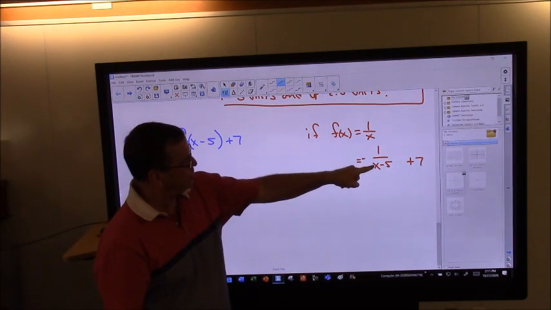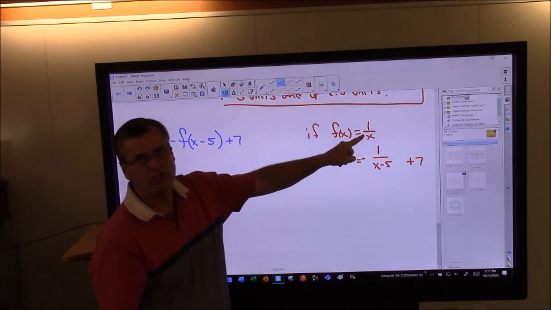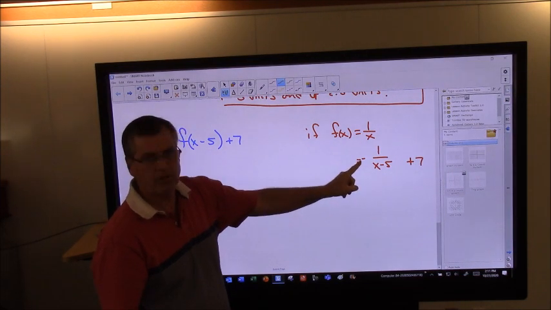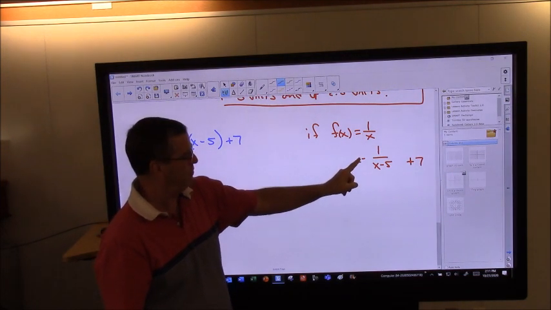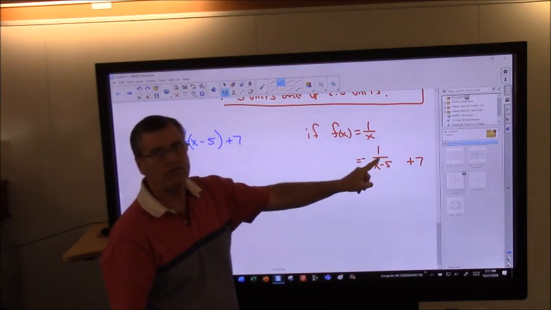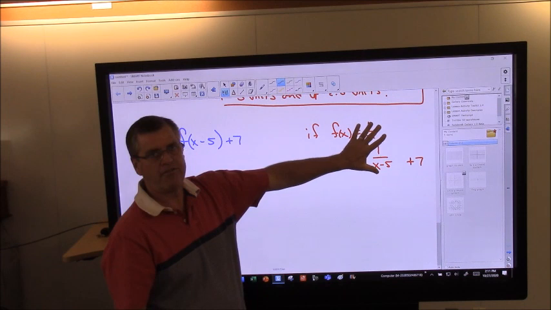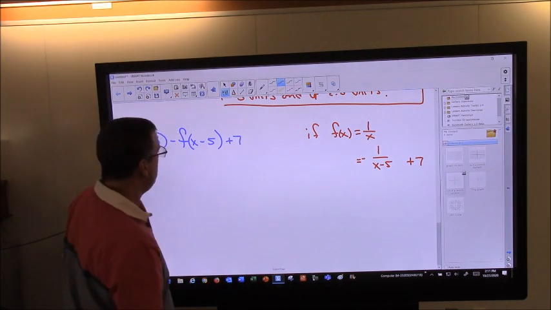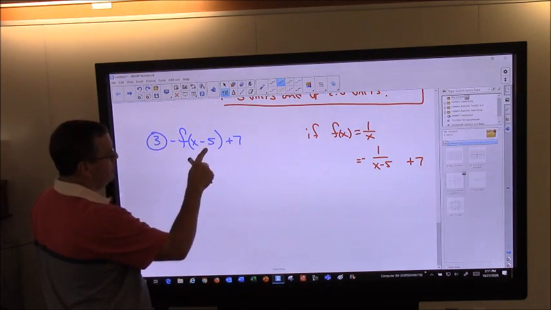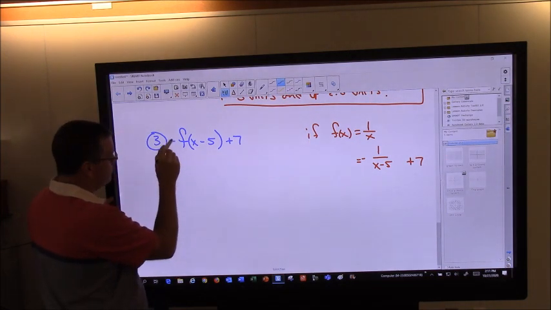How is this function different from its parent function? Well, it's been flipped across the x-axis. It's been shifted to the right 5 units, and then up 7 units. I don't have to write all this stuff down to see that. I can just look right here and say that it's been flipped across the x-axis.